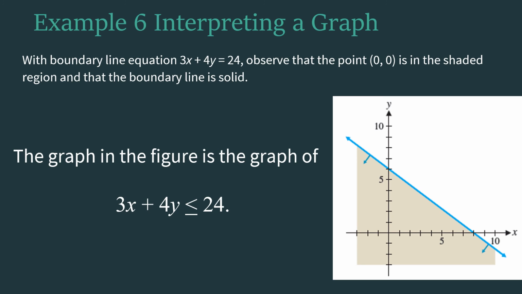And when I substitute 0, 0, that 0, 0 belongs to this region. So I'm going to shade the region involving 0, 0. So this is below, 3x plus 4y less than or equal to 24. This is how I interpret the graph.